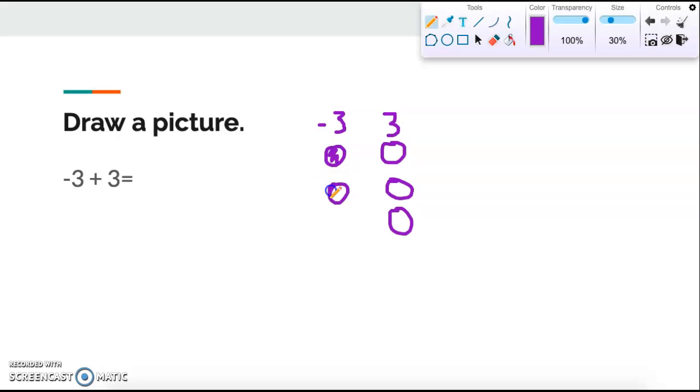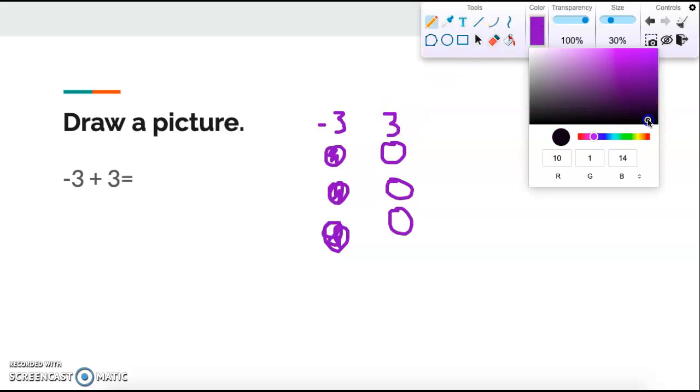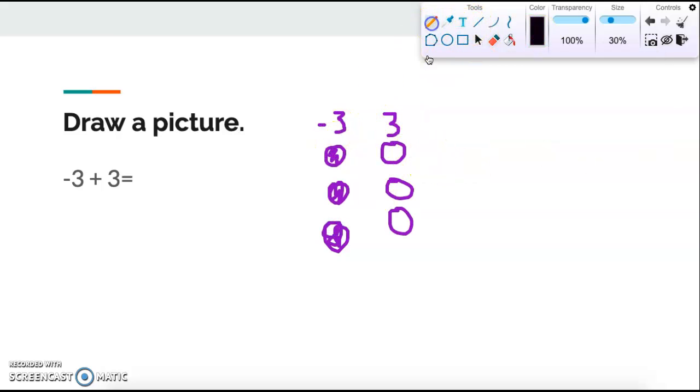So negative 1, negative 2, and negative 3. Okay, then my pairs of opposites, these ones cancel, these ones cancel, these ones cancel. I'm left with 0. Okay, so again, negative 3 plus 3, combined opposites, we're left with 0.